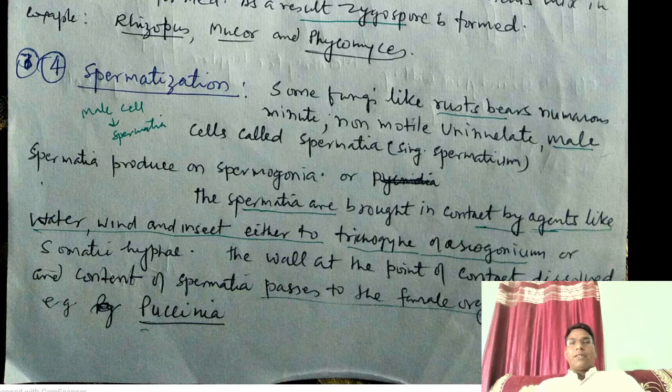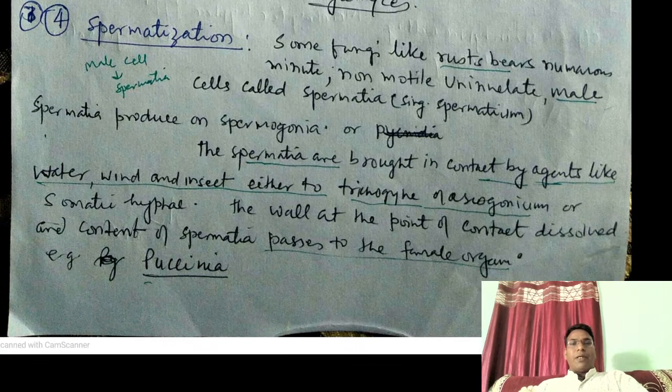Now, the fourth type of reproduction in fungi is spermatization. Some fungi, such as rusts, bear numerous minute, non-motile, uninucleate male cells called spermatia. The spermatia are produced on the spermogonia.